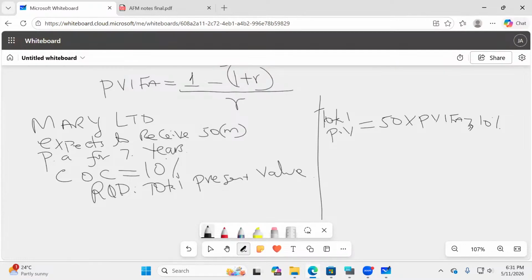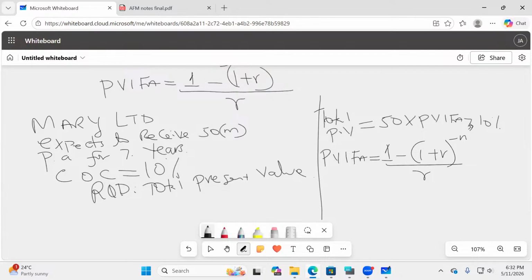And you're the ones who told me a few minutes ago: to get PVFA, take 1 minus 1 plus R raised to negative n, and then everything to be divided by R. So now I have everything.